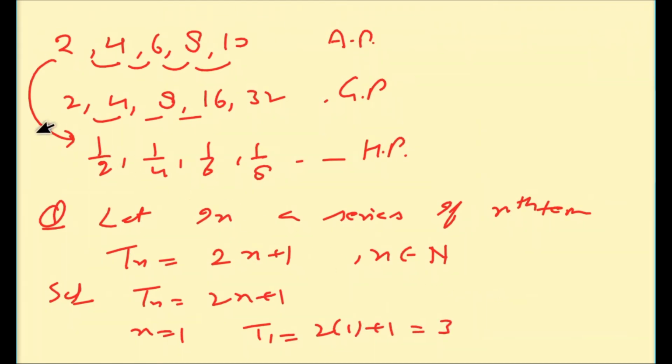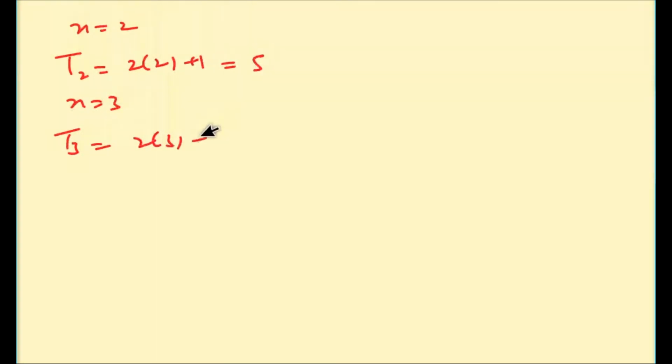Similarly, if you want to find the second term, n equals 2, you put it in. T2 means the second term, 2 into 2 plus 1 equals 5. And n equals 3, you want to find the third term, 2 into 3 plus 1, 2 into 3 is 6 plus 1 is 7. This way you are finding the series 3, 5, 7 and so on, and your answer will be this.